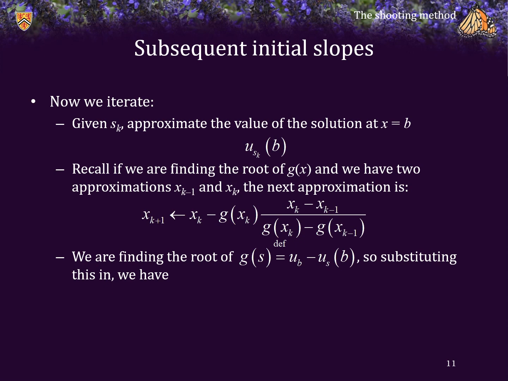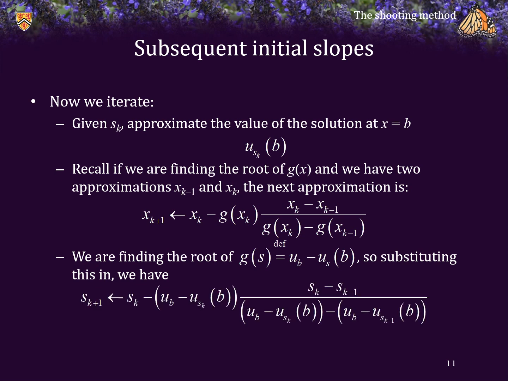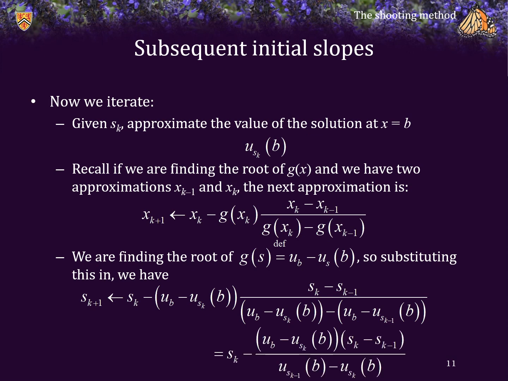Well, in this case, we're just finding the root of this more complex expression. So, substituting in this expression, we have that the next slope we will use is the previous slope minus this expression. Simplified, this works out to the expression we see here.